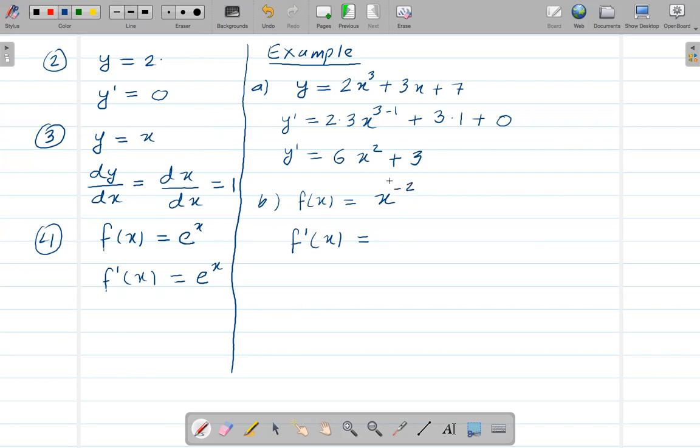So we got to bring this -2 down here, right? And then x to the power, the new power is n minus 1. So n is -2, minus 1. So we get -2 x to the power -3.